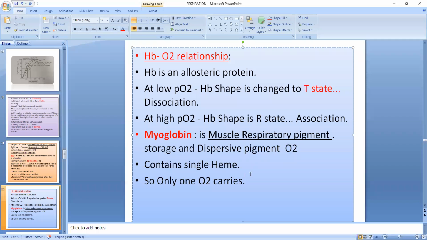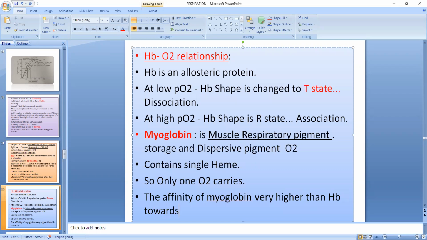కాబట్టి ఒక్క మయోగ్లోబిన్ ఒక్కటే ఆక్సిజన్ క్యారీ చేయగలుగుతుంది లేదా హోల్డ్ చేయగలుగుతుంది. ఓకే, and the affinity of myoglobin is very high or higher than Hb towards oxygen. ఇది గుర్తుంచుకోండి.